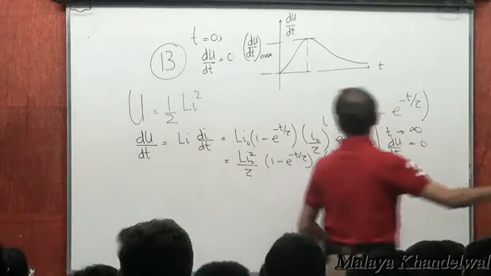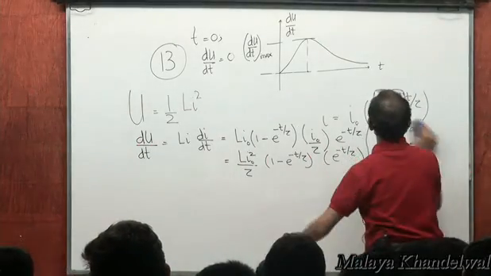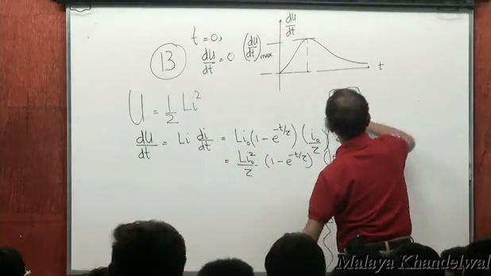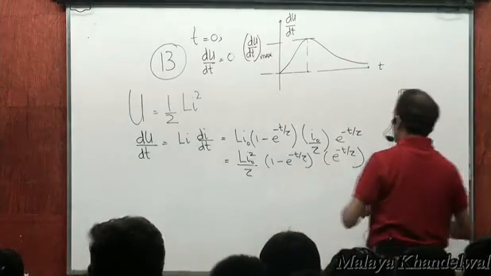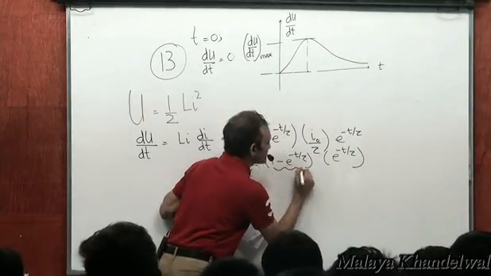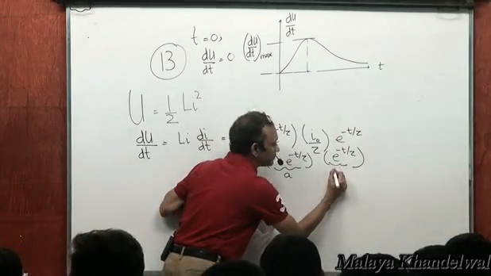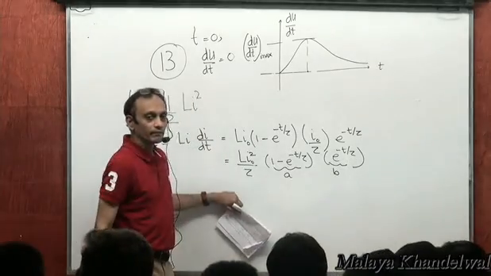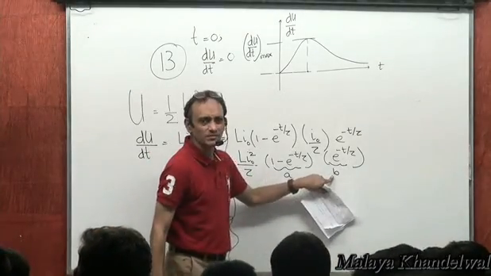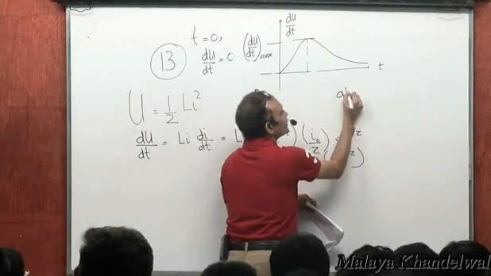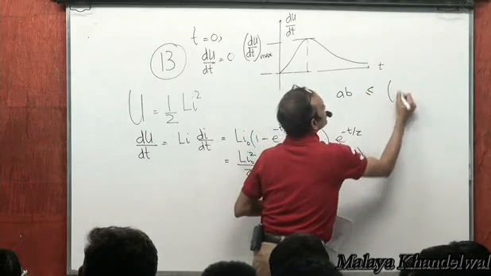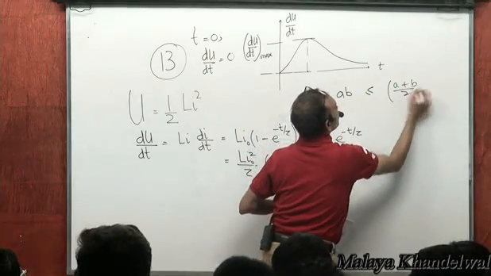Because to maximize this, look, suppose this is A and this is B. A into B has to be maximum. This A into B will always be less than or equal to A plus B by 2 whole squared.